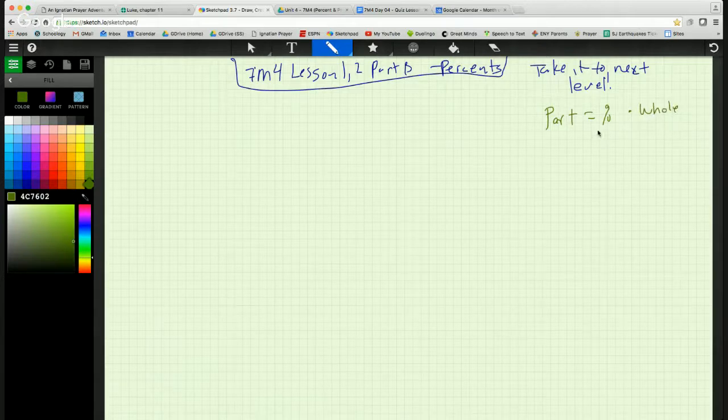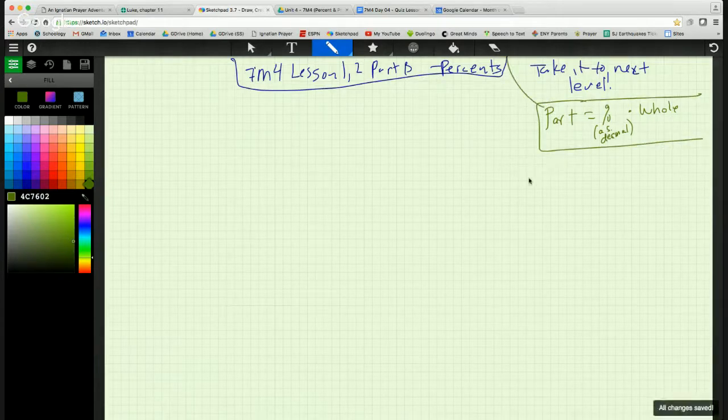And this is going to be, again, as a decimal. The part is a percent as a decimal times the whole. So let's look at this and let's see what we mean by this.